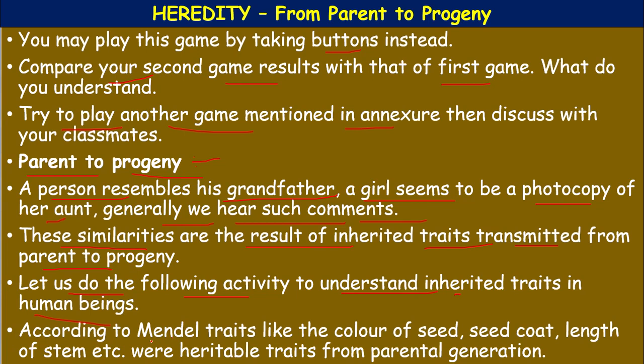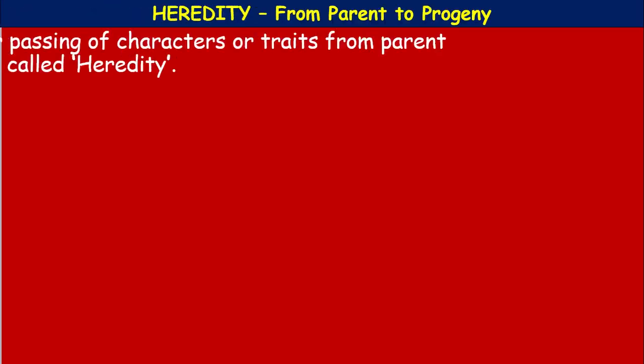According to Mendel, traits like the color of the seed, seed coat, and length of the stem were heritable traits from the parental generation. So, let us apply it to the human race.